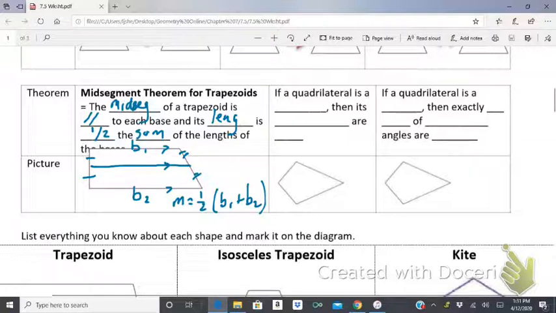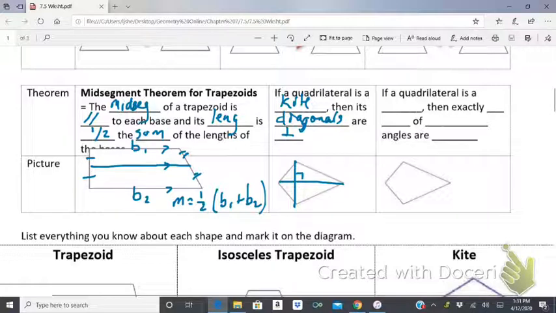Finally, we're getting to kites. If a quadrilateral is a kite, then its diagonals are perpendicular. So these right here, and they look like they're perpendicular, right? If you've ever flown a kite that looks like this, you know that it has two supports that go from corner to corner, and that means that they're perpendicular, right?